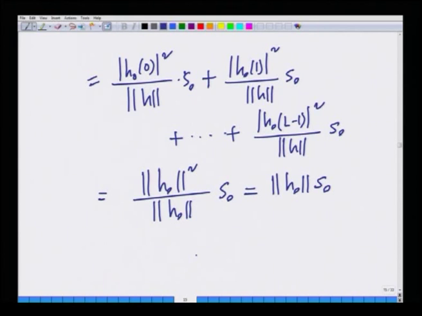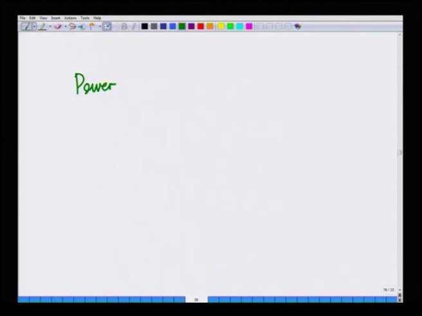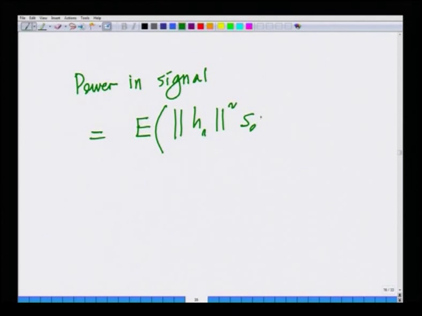Hence the power in the signal is the expected value of magnitude h 0 times s of 0 squared, which is what we have already seen before.